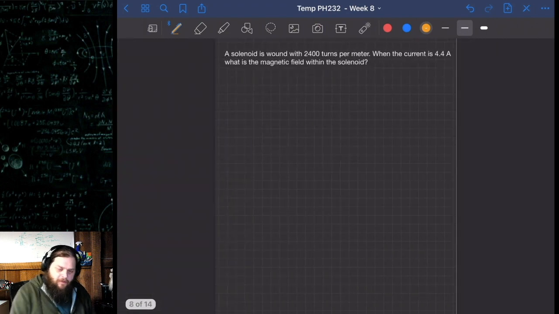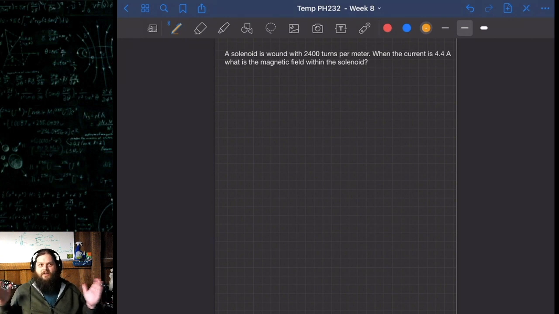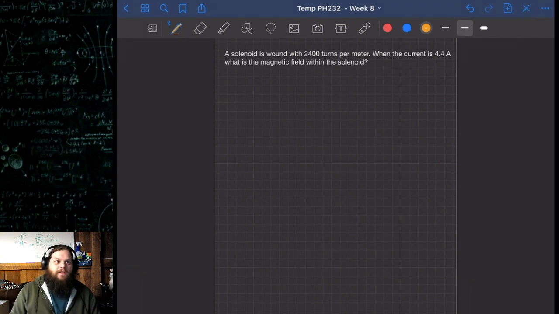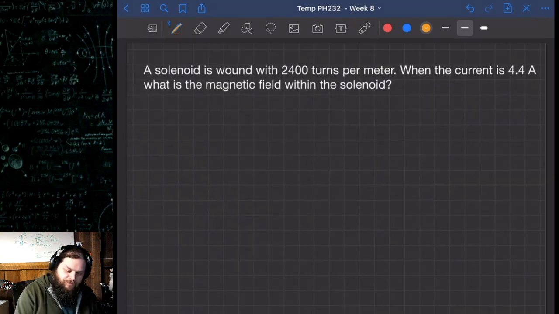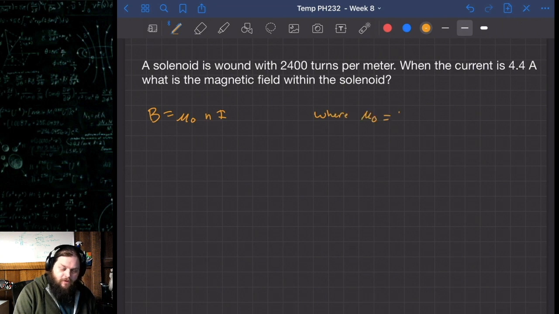So looking at a problem for it, we have this solenoid which is wound with 2,400 turns per meter. So over a meter's distance, it's got 2,400 turns. When the current is 4.4 amps, what is the magnetic field within that solenoid? So using the equation we just talked about, where B is equal to mu naught n I, where mu naught is equal to 4 pi times 10 to the negative 7.